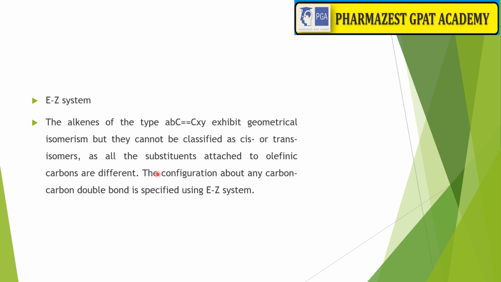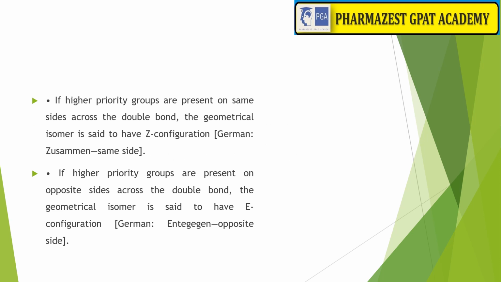If the four groups attached to the two double bonded olefinic carbons are different, then the EZ system is used. Okay, if the higher priority groups are present on the same side across the double bond, the geometrical isomer is said to be Z. If the higher priority groups are present on the opposite sides across the double bond, the geometrical isomer is said to have E configuration, that is entgegen opposite, zusammen same side.